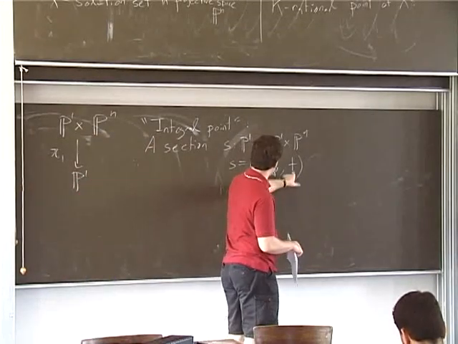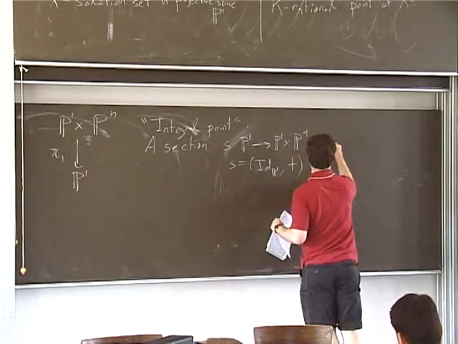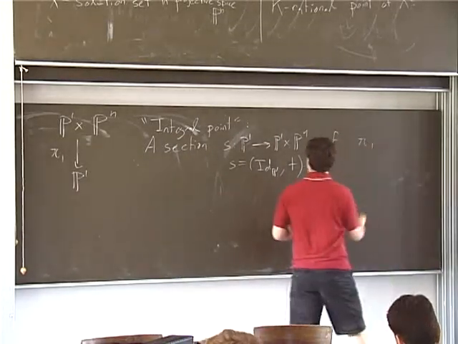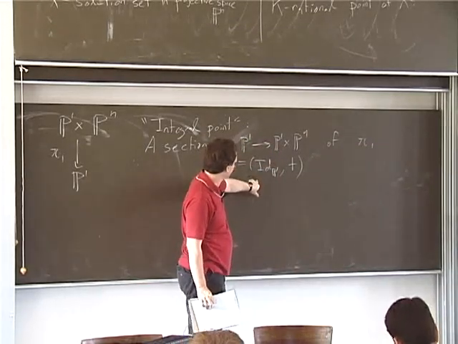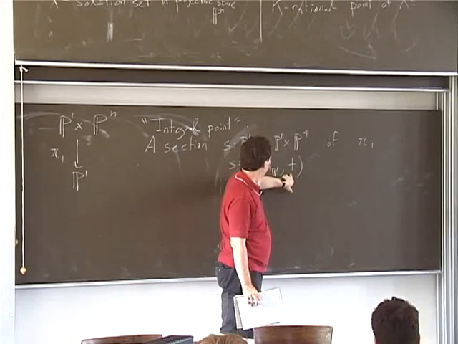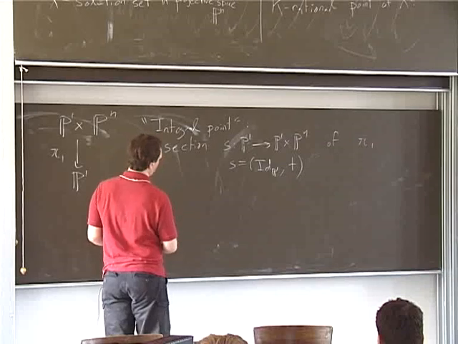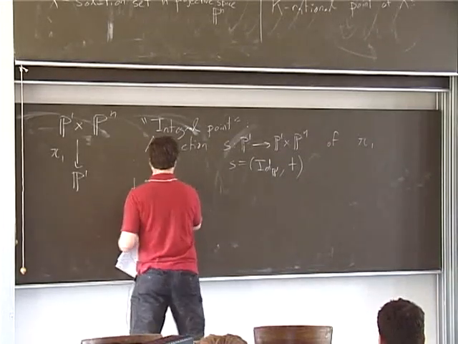Because to specify this section, I want this to be a section of pi, which means that I want this first coordinate of this map to just be the identity on P1. And so to give this section is the same as to give this second factor, T. And now, how do I give a map from P1 to Pn?